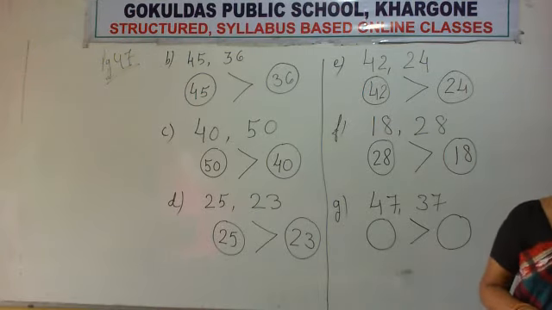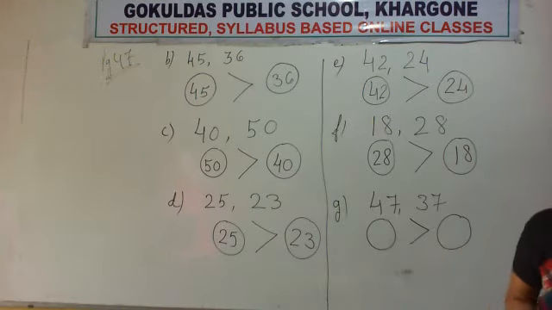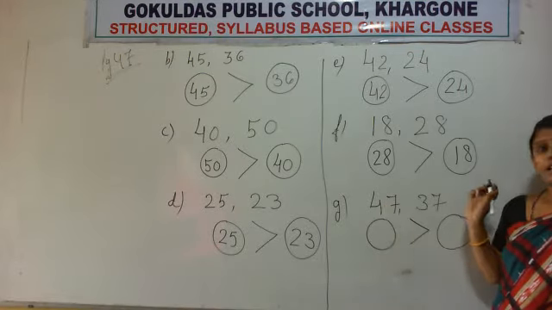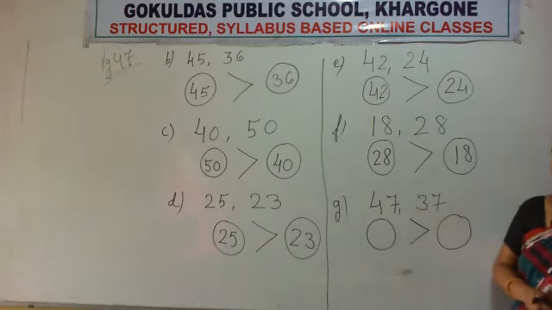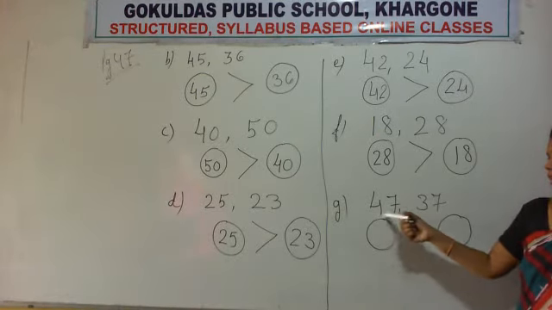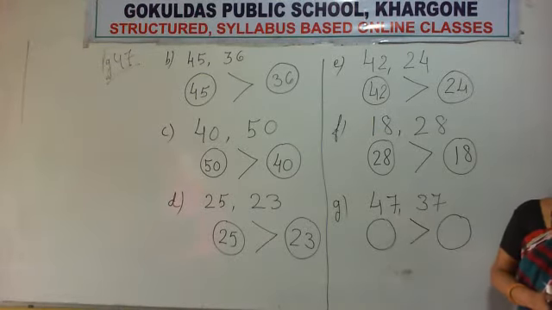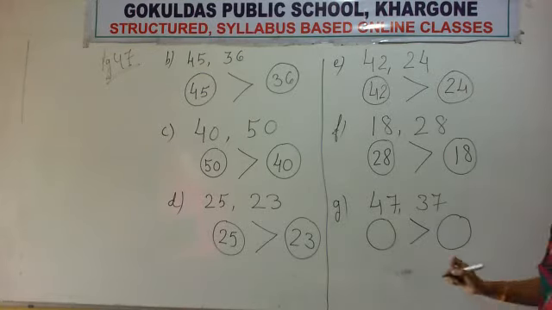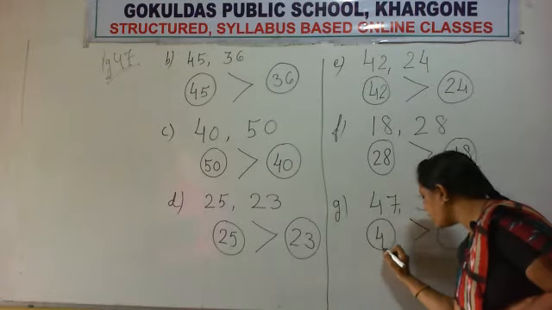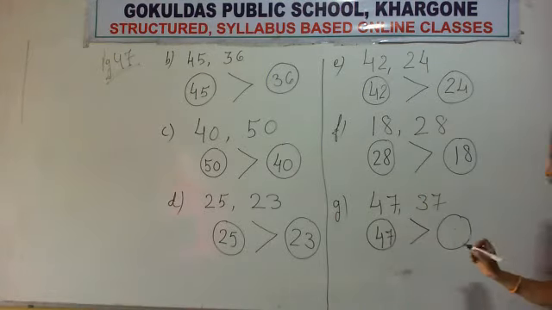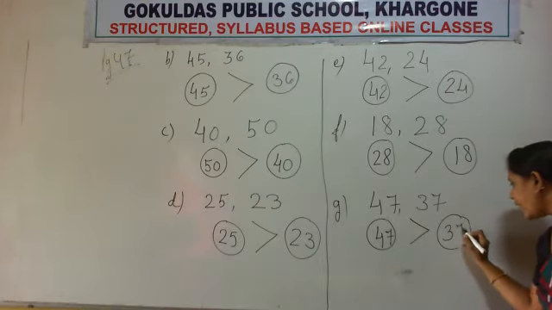So what do we have to identify? We have to identify the bigger number, the greater number among 47 and 37. Which number is bigger? 47 is the greater number. So we write 47 in the left circle and 37 in the right circle.